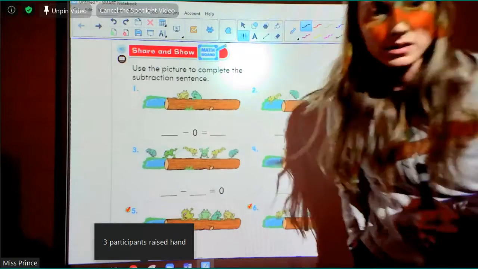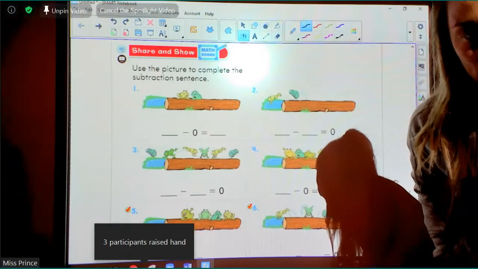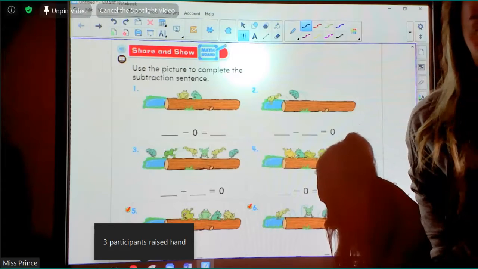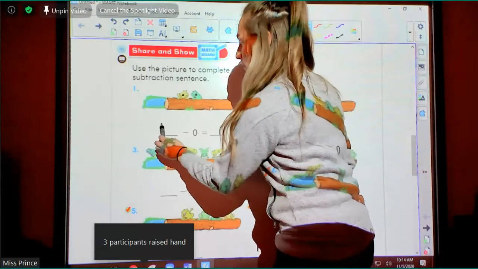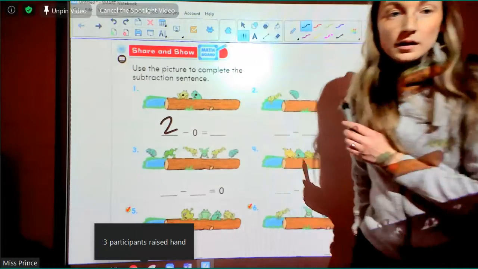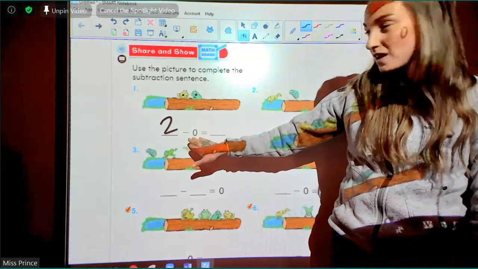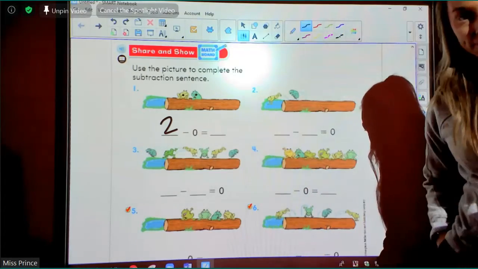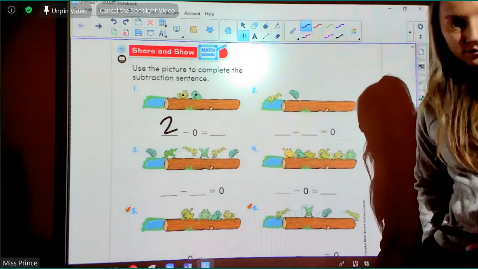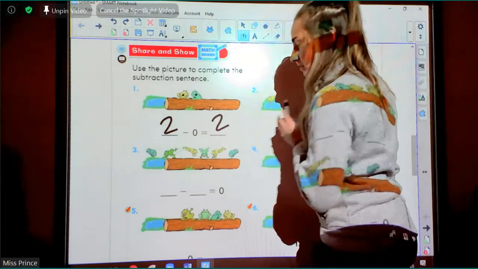How many frogs do we start with, Sophia? 2. There's 2 frogs here, so we're going to put a 2. Now they're already telling us that we're taking away 0. So Sophia, 2 minus 0. How many frogs are going to be left over? 2. We didn't take any away, so we still have 2.